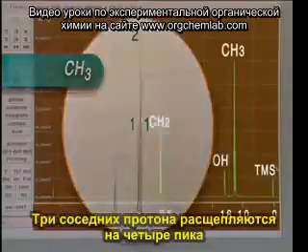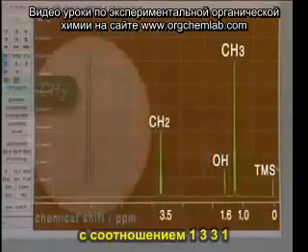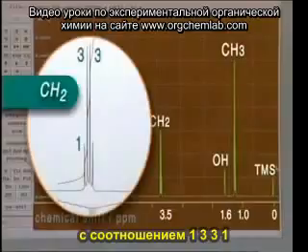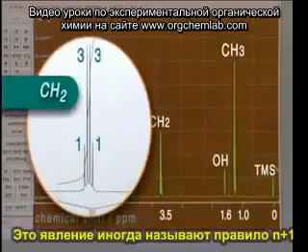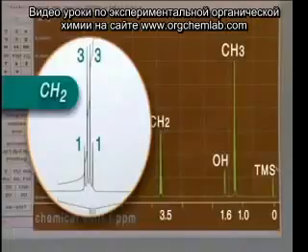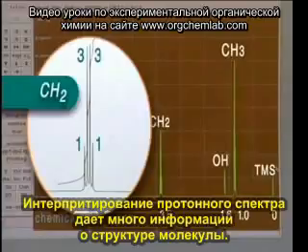And 3 adjacent protons produce 4 peaks with height ratios 1 to 3 to 3 to 1. This is sometimes called the n+1 rule. Interpreting proton NMR spectra can thus provide a great deal of information about molecular structures.